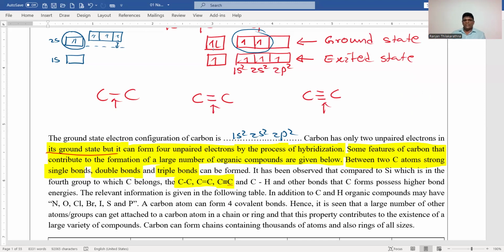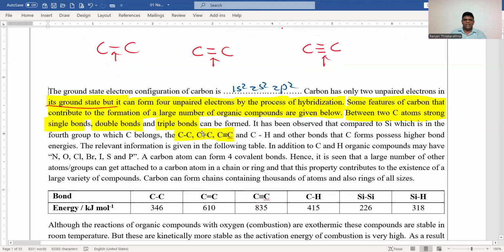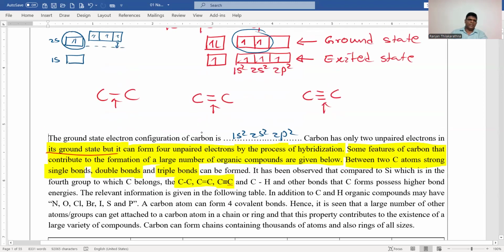All these bonds are very stable. That's why carbon can form them. If carbon couldn't form them, that means they may not be stable, or sometimes we call that unstable. Because of the stability, carbon can form single, double, and triple bonds. If you take this, this is called ethane.